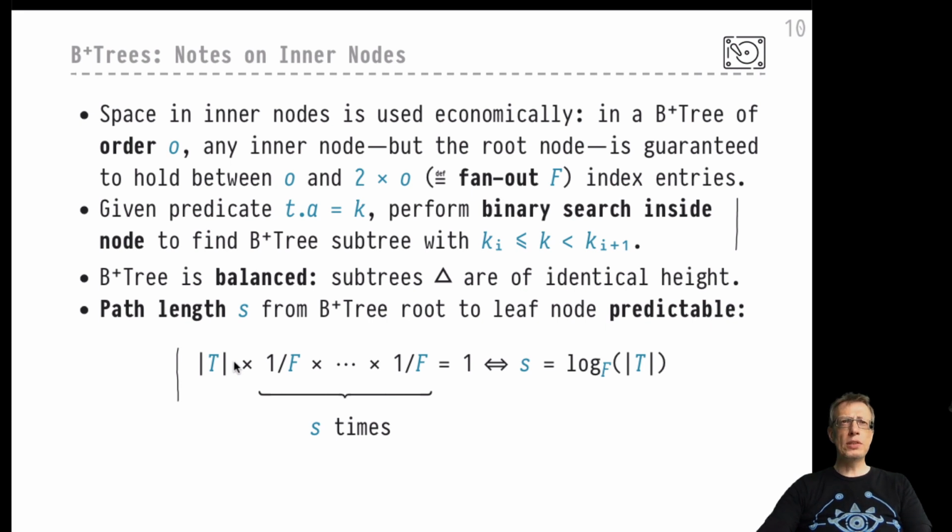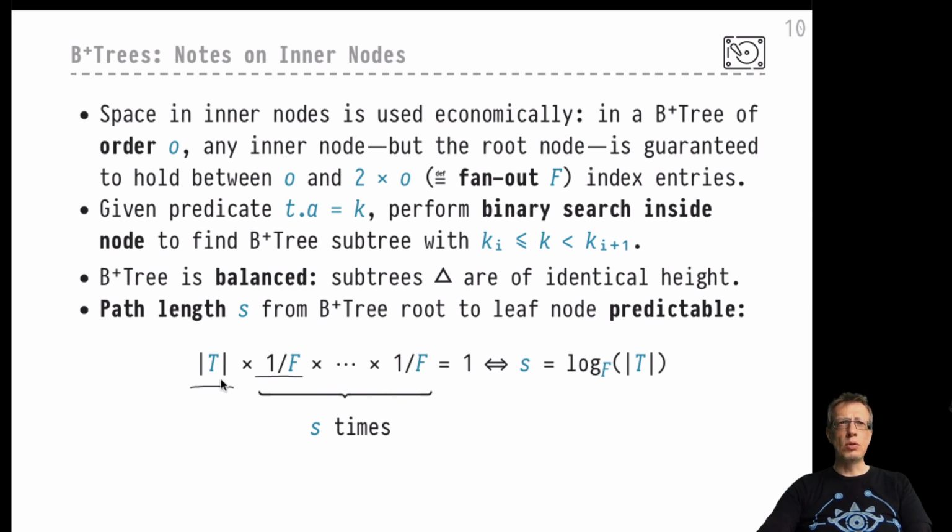So the root of the B+ tree represents this many entries, T. When we, from the root node, which is just another inner node, follow a pointer into a search subtree, then this would be one of F subtrees that we have selected. The search space that we are now looking at, the number of rows that are represented by this particular subtree, is 1 over F times T.